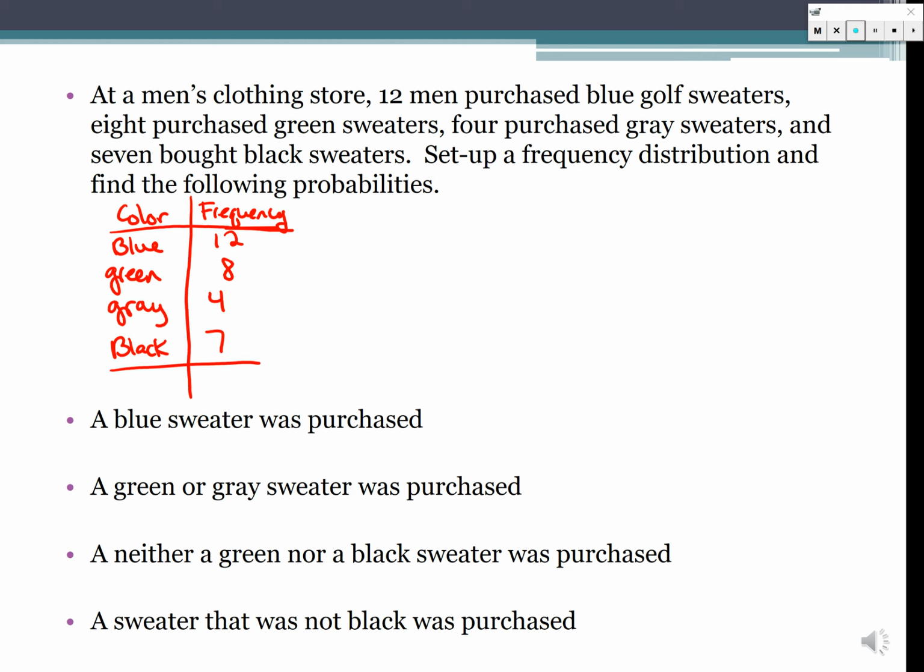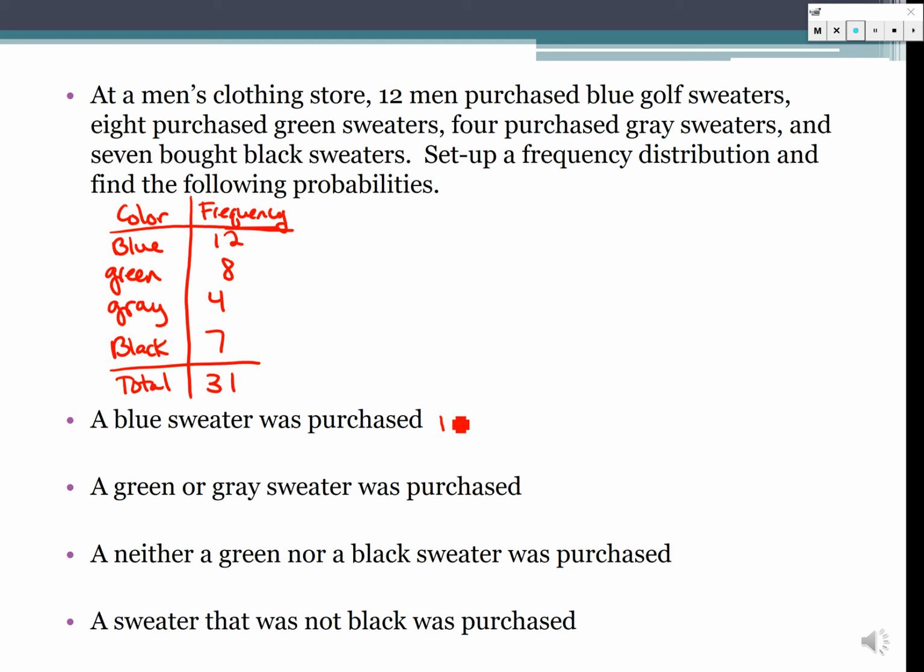We're not told how many shoppers there were, so we do have to find our total. And that's one of the things sometimes people miss out on. Like, okay, Miss Galley, I know 12 people bought a blue sweater, but how do I make that a fraction? Sometimes you're not specifically given the total, so you do have to go ahead and add your frequencies. So go ahead, guys.